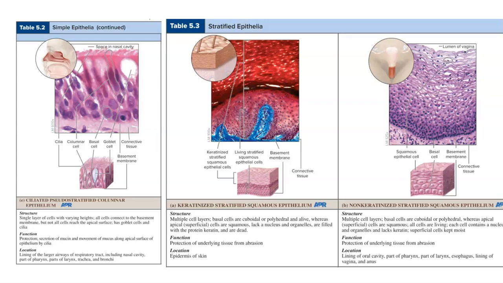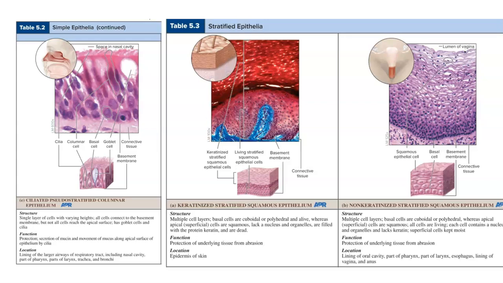It doesn't have keratin. So these cells, including those that are at the apical surface, because they don't have the keratin, they remain alive. This tissue is always going to be moist tissue because of secretions such as saliva or mucus. So your non-keratinized epithelial tissues form the surface tissue of mucous membranes that line your oral cavity, your pharynx.